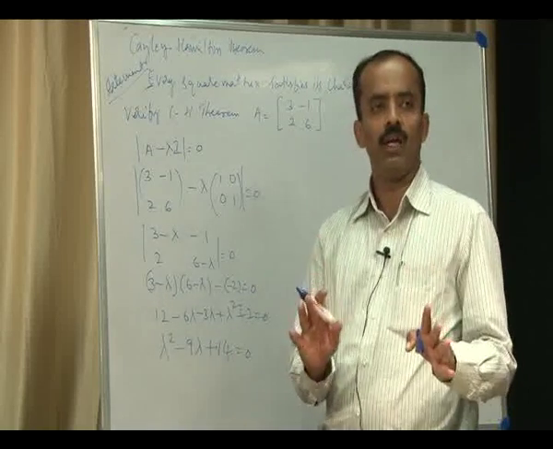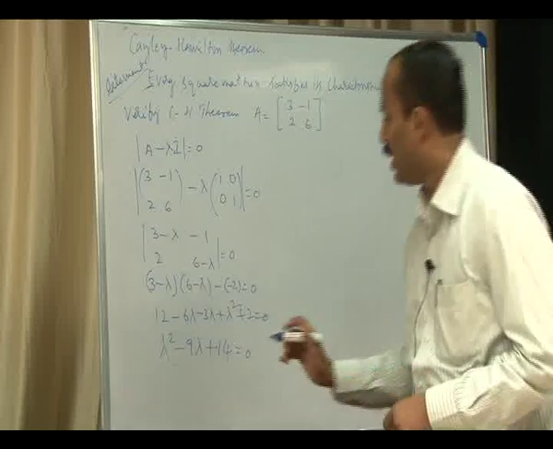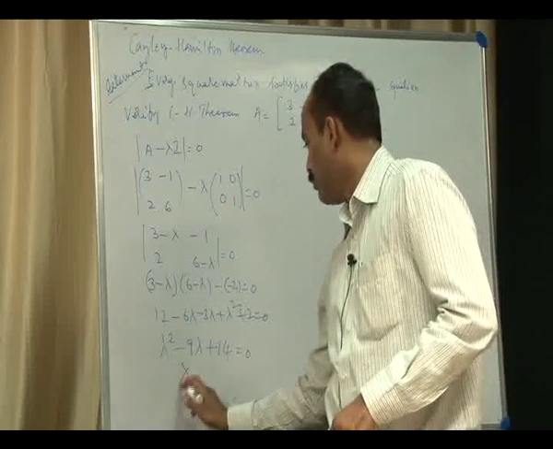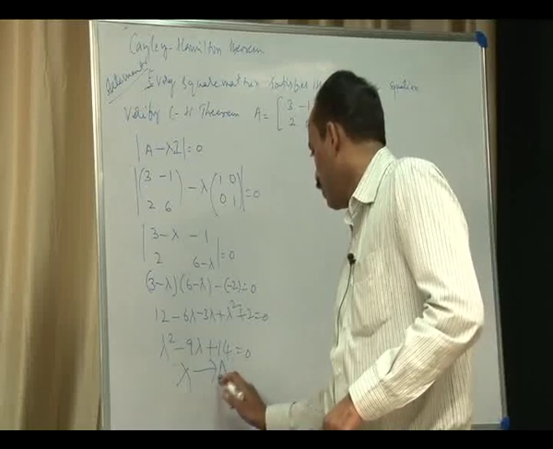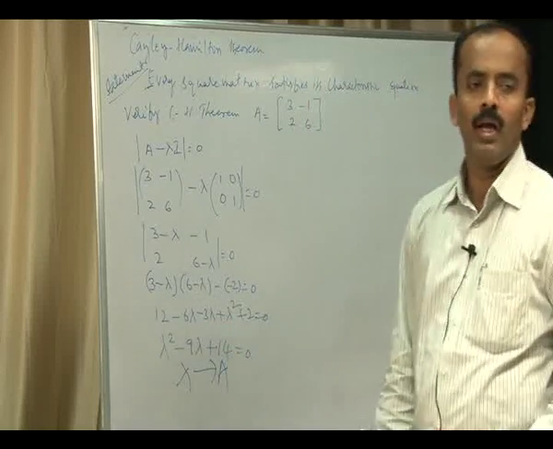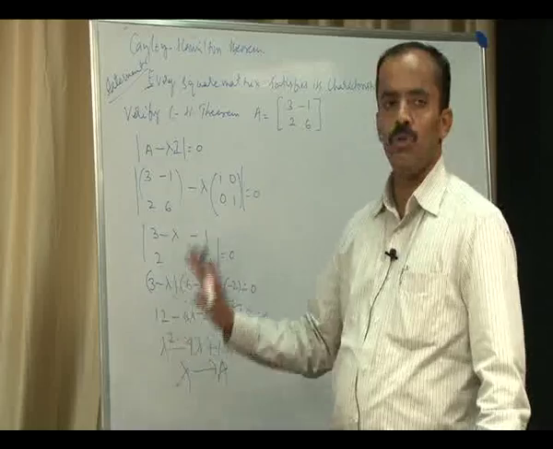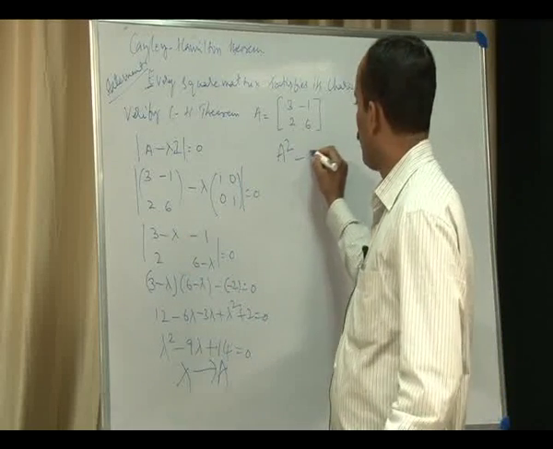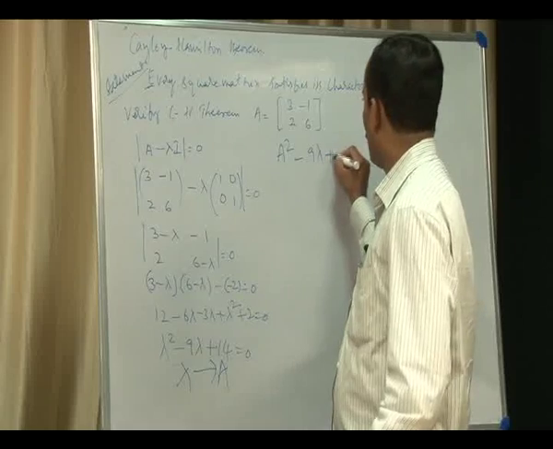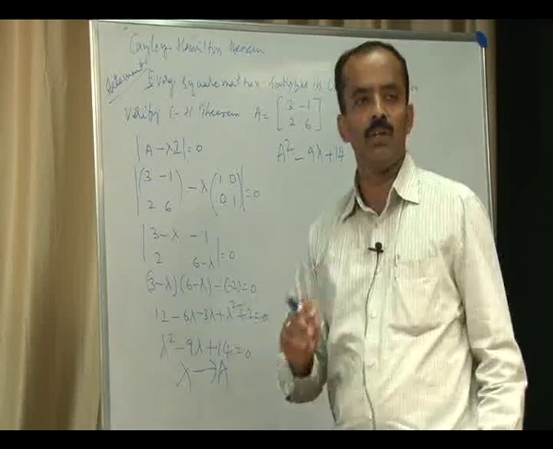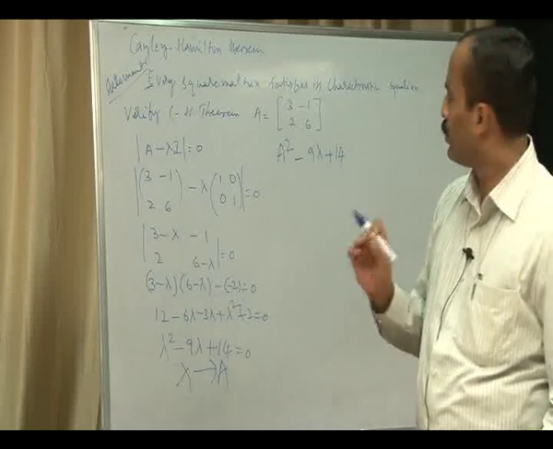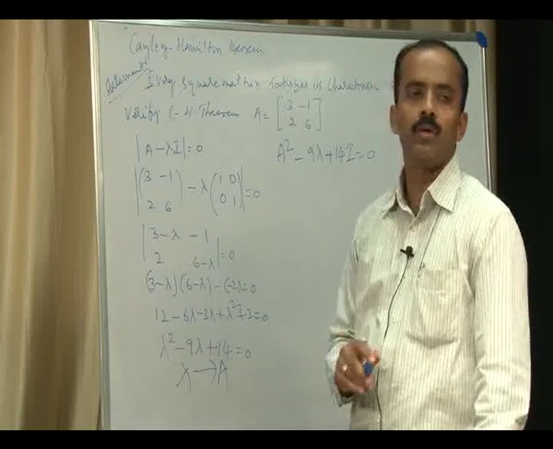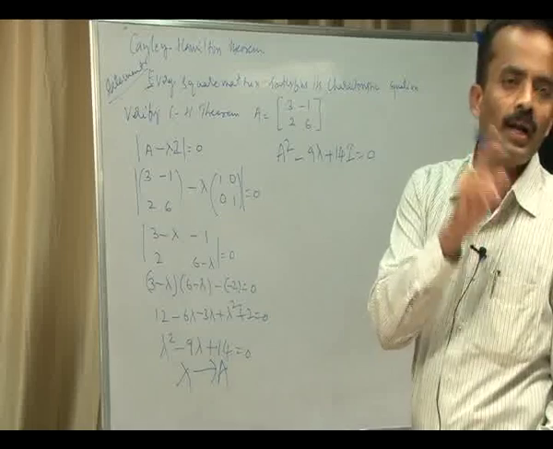To verify the Cayley-Hamilton theorem, we have to replace lambda by A. In place of lambda, you write A. So, it becomes A squared minus 9A plus, in the place of the constant, you write 14 into I, is equal to 0, where I is an identity matrix.